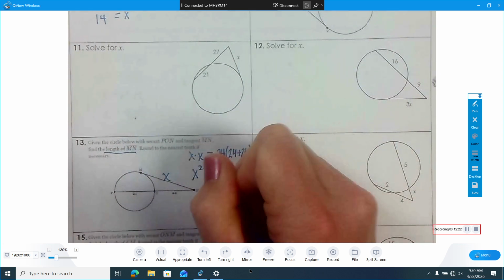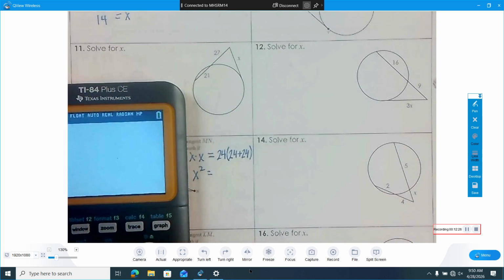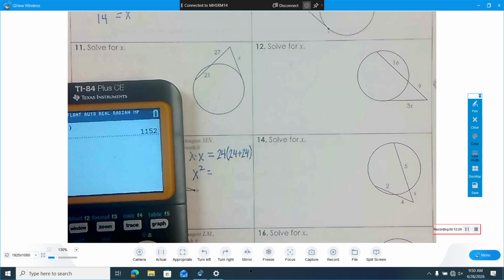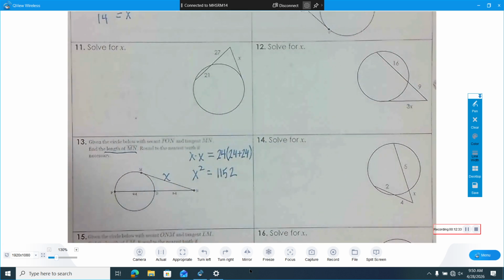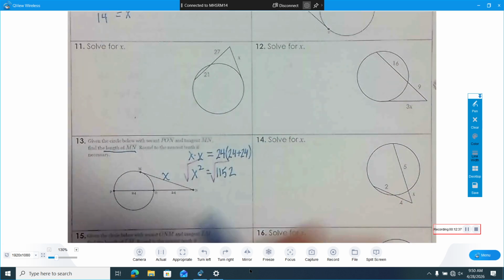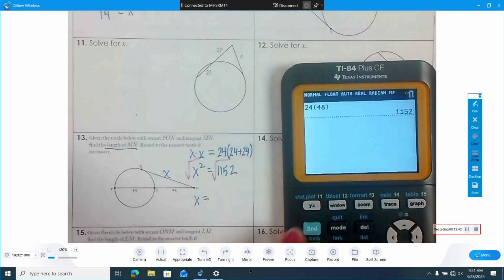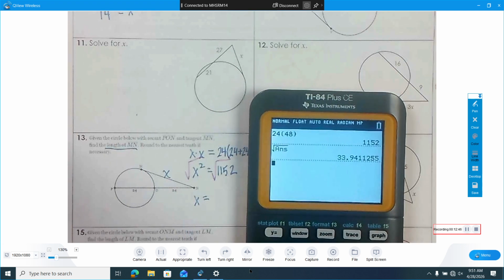So we get X squared equals, let's see, oh my goodness, 24 times 48, which turns out to be 1152. How do you get X by itself? Square root both sides. Very good. So we get X equals the square root of my answer, 33.94.